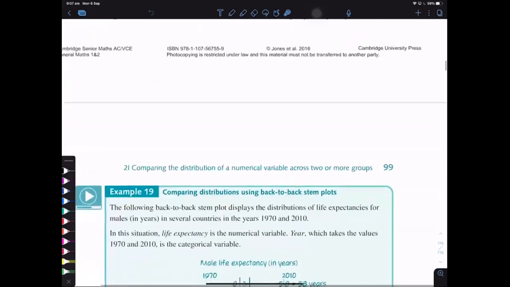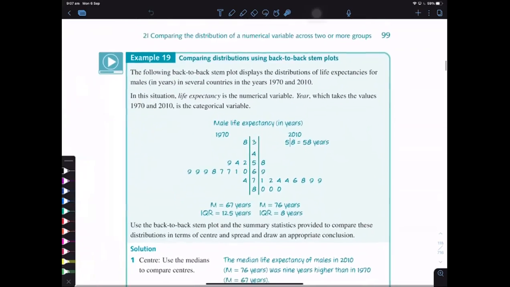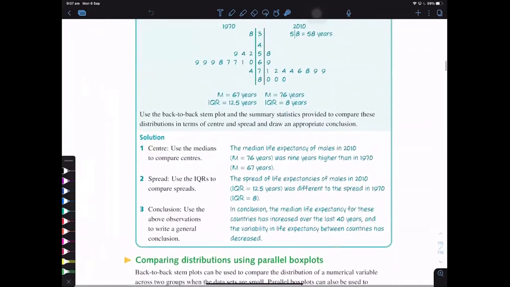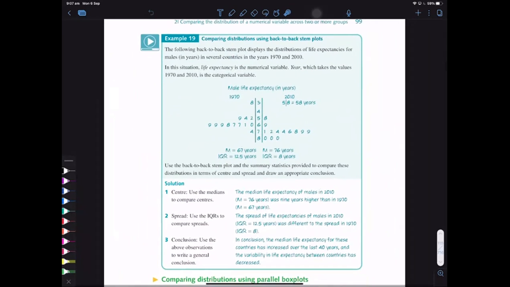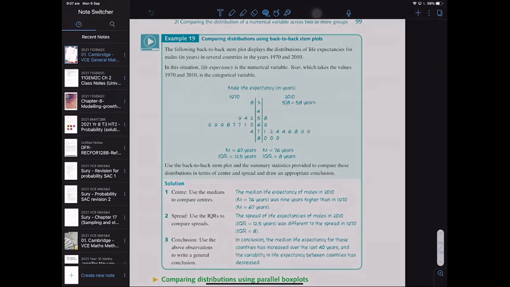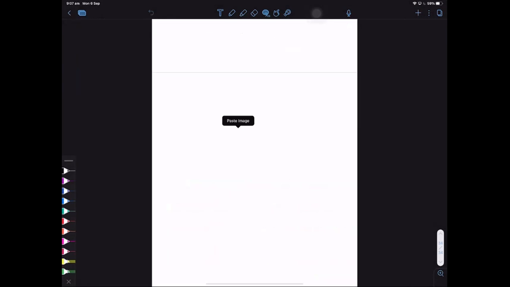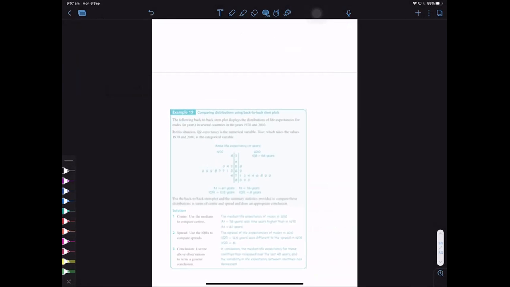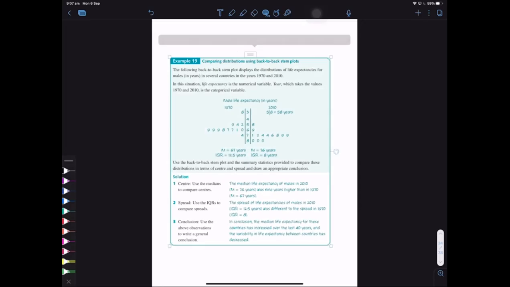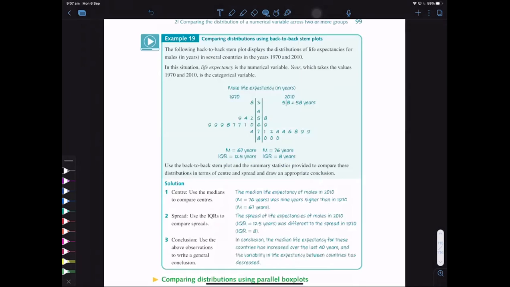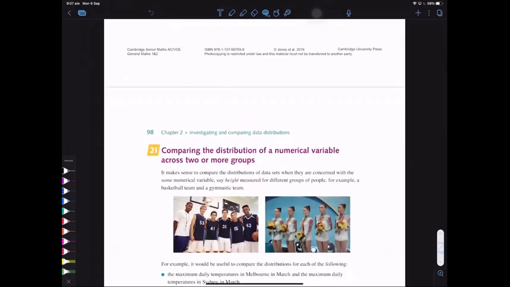Let's see here. Probably best if we just jump to an example here. We'll have a look at how they do the question first, so we can analyze what kind of language they use, how they compare it, and what the standard response is as well.